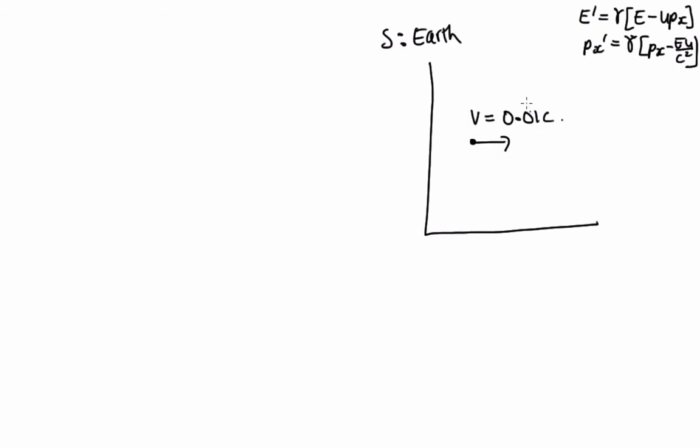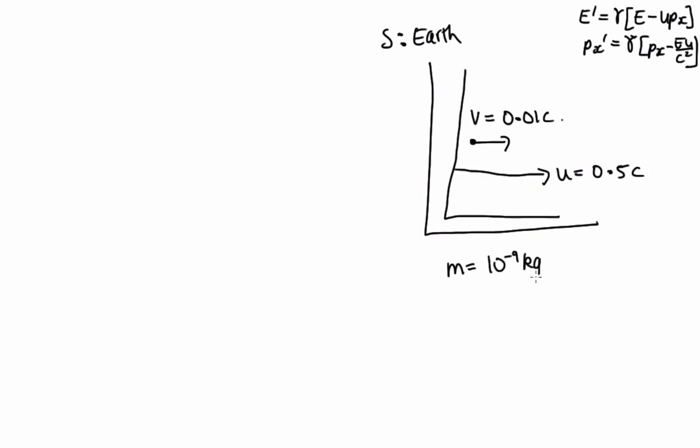And then we've got a second reference frame, our S primed frame. Let's draw it here, which is moving in this direction parallel to the micrometeorite with some speed u equal to 0.5c. And we're told that the mass of the micrometeorite in the Earth's reference frame is equal to 10 to the minus 9 kilograms.